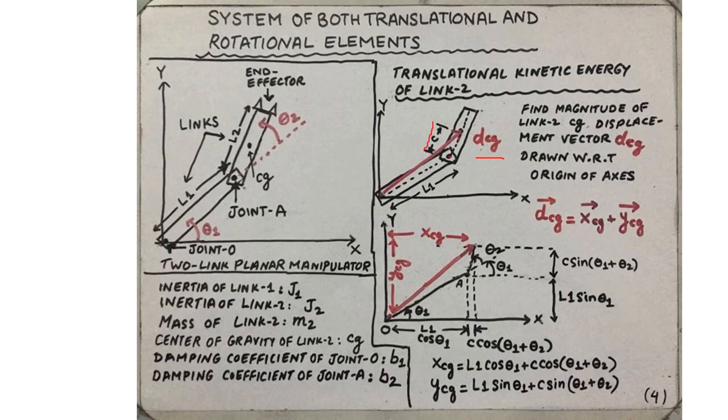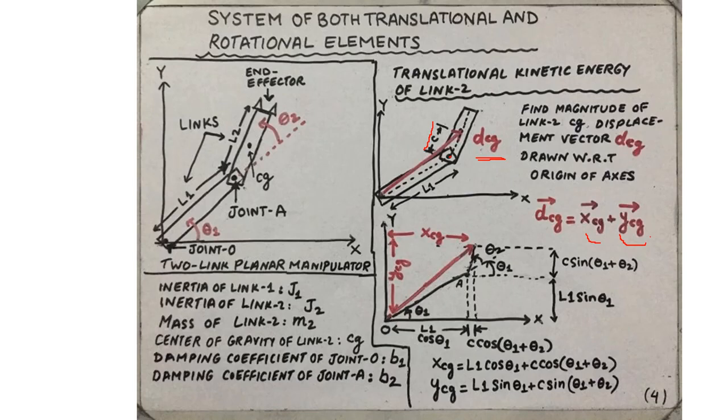Now we are not going to directly manipulate this position vector defining the position of the center of gravity of link 2. In fact, we shall write down the x component of this vector as well as the y component, and then manipulate the two separately.